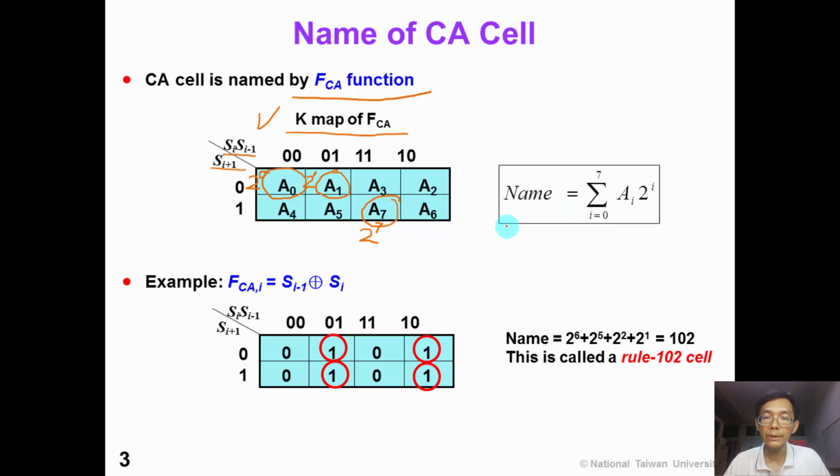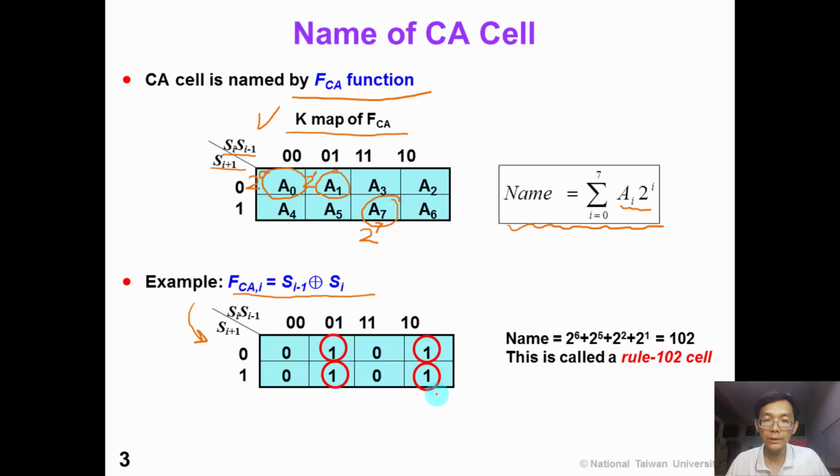So the name of a cell is the summation, i equals 0 to 7, of Ai times 2 to the power of i. For example, given an FCA function equal to Si-1 inclusive or Si, we can have the following kernel map, where we have 4 cells of 1s.